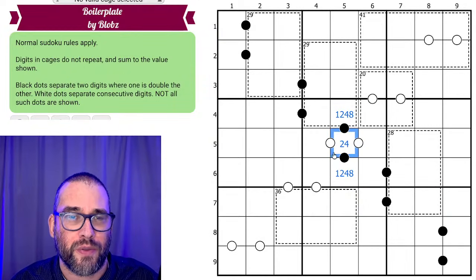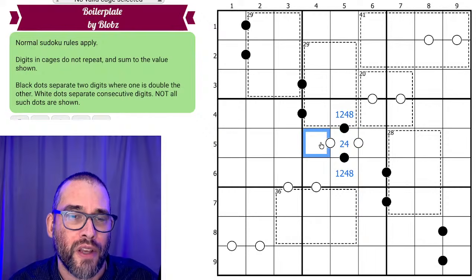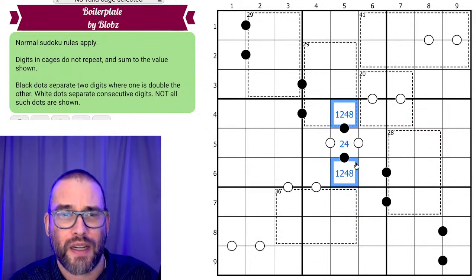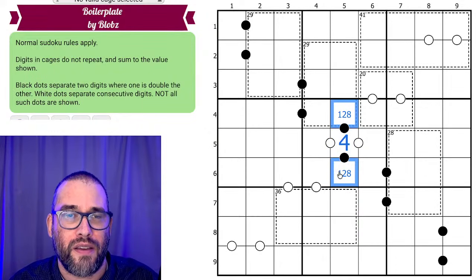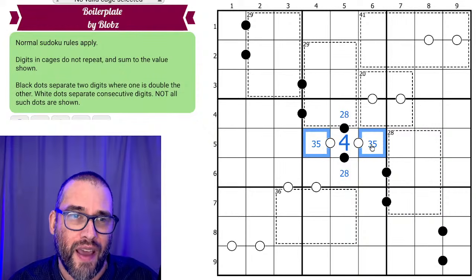Well, the middle one is from 2 or 4, but if it's 2, then these are 1 and 3, and these are 4 and 4. So that is a 4. These are 2 and 8. These are 3 and 5.